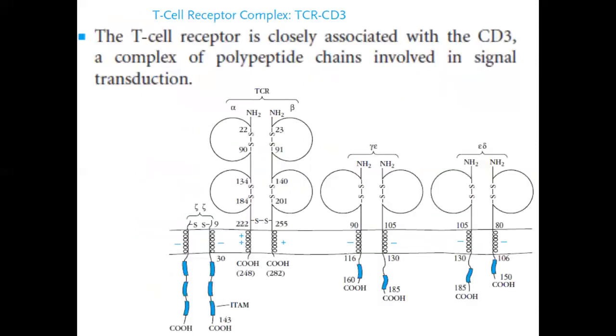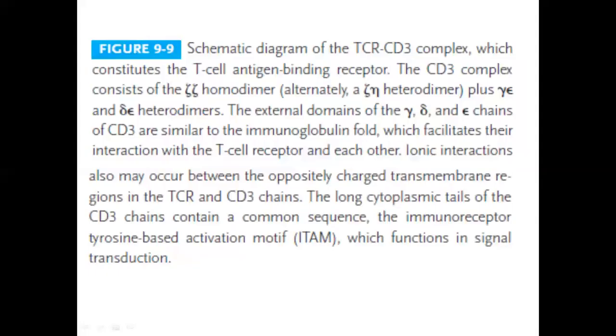So this is the T cell receptor complex. TCR is associated with the CD3. So just for understanding, I am giving this. The TCR is closely associated with the CD3, a complex of polypeptide chains involved in signal transduction. Okay, TCR is associated with the CD3 molecule. So this is the explanation for that.